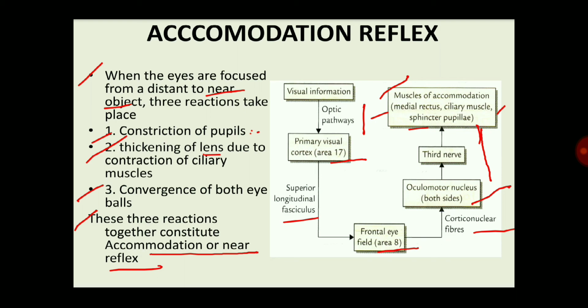Now the ciliaris muscle is mainly responsible for contraction of the ciliary body, so there occurs a thickening of the lens, and the medial rectus causes medial rotation of the eyeball, which causes convergence of both eyeballs medially. So this is the pathway for the accommodation reflex.